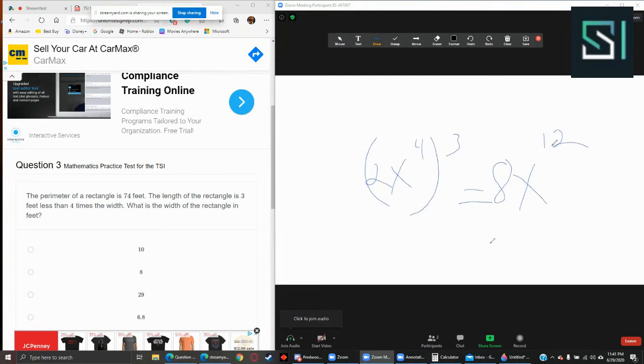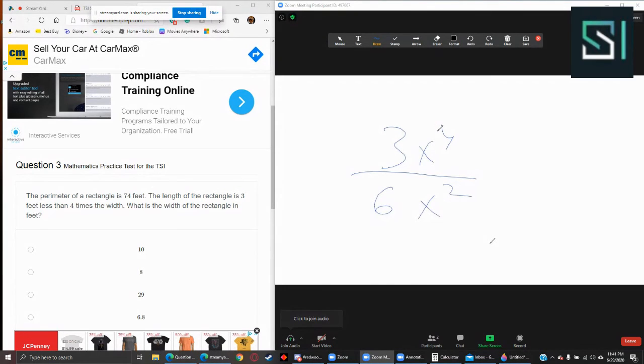What about if it was a division question like this? 3x to the 4 divided by 6x squared. What would you do in this case? You know what to do with these two. Just simplify that. That would give you 1/2, right?